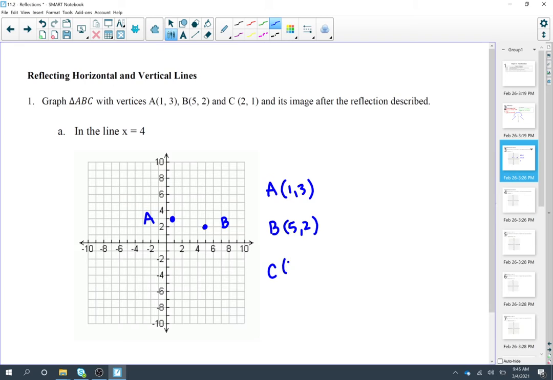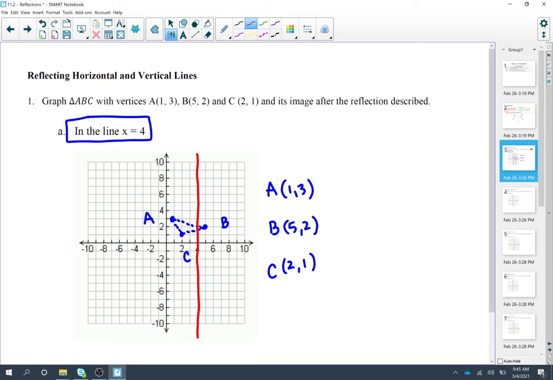And C is at 2, 1. And then dotted line, because this is still our pre-image. And we have to reflect this in the line x equals 4. Now, x equals 4 is right here where x is 4. And that line is a vertical line that goes right there.